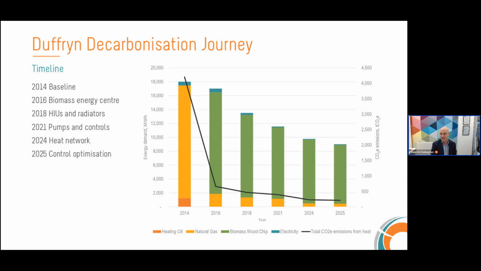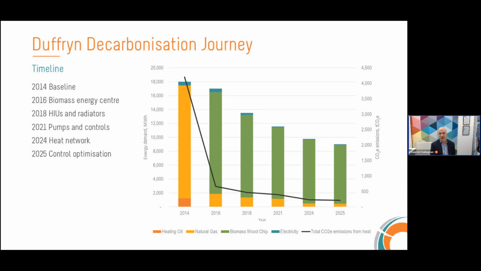So the black line there is the overall carbon emissions from Dufferin as a whole estate, and then the bars over the different years are how that energy reduced and changed in terms of where it came from. Starting in 2018, all the HIUs and radiators brought with them energy reduction.